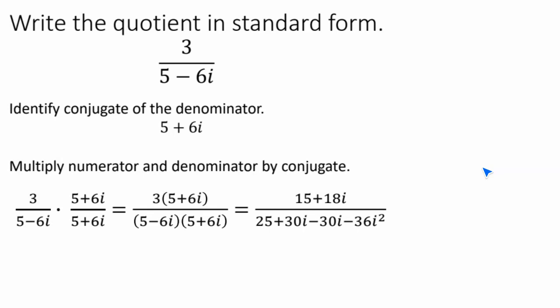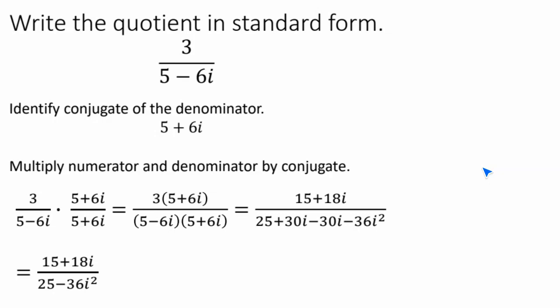And then the bottom, after I do FOIL, I have 25 plus 30i minus 30i minus 36i squared. So I'm going to combine my like terms. 30i minus 30i gives me 0, leaving me with just 25 minus 36i squared.